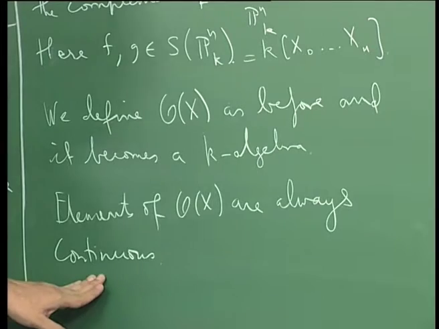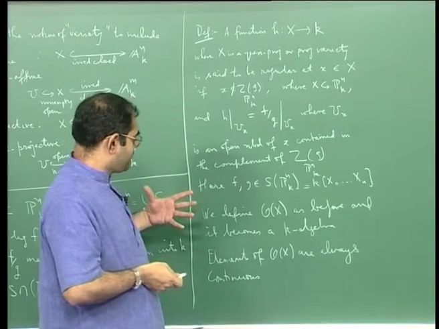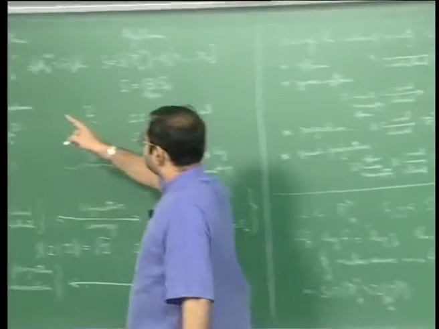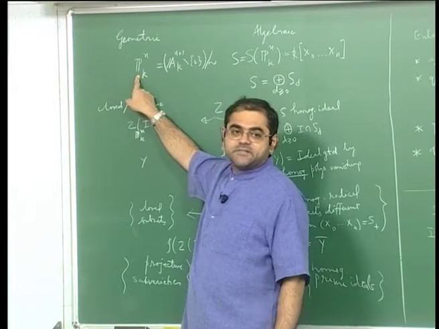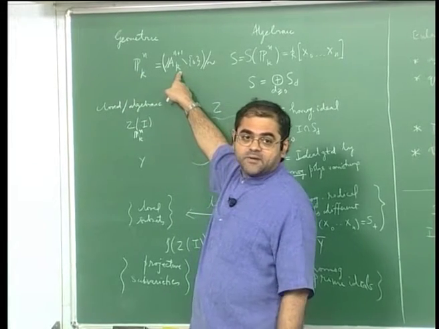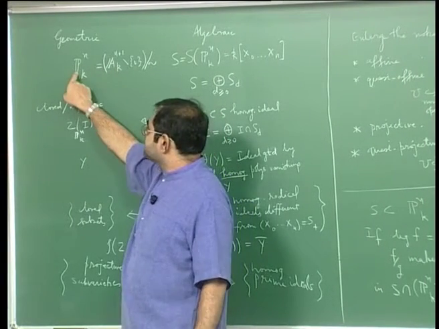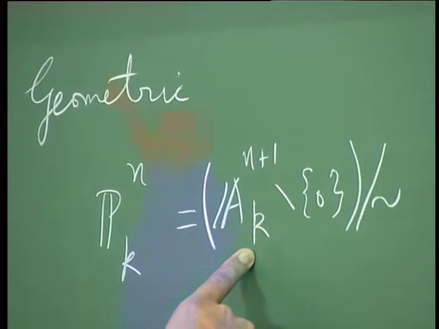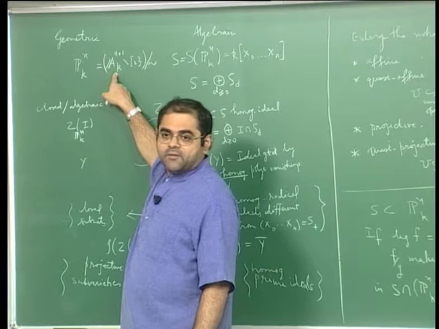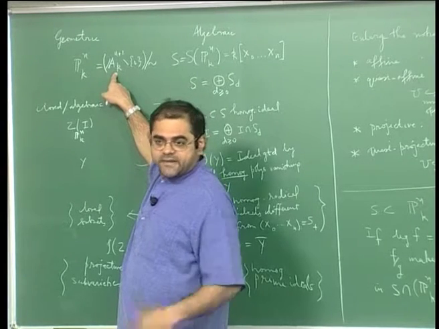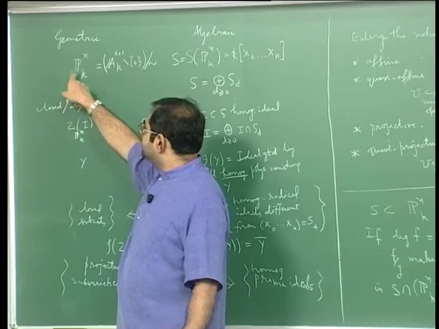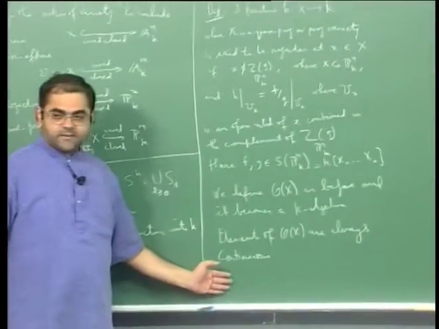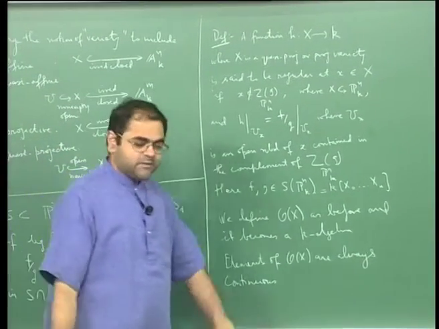The continuity is obvious if you remember that the Zariski topology on projective space is a quotient topology of the topology above. If you give me a regular function on a subset here and compose it with the projection, you get a regular function on a suitable subset of the affine space above, and that is continuous. That tells you the inverse image of closed sets is closed because of the definition of the quotient topology, so it is very trivial to see regular functions are continuous.